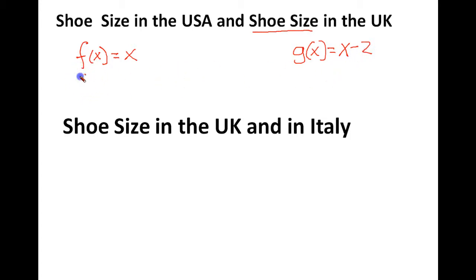So if we input here, let's see if I write that correctly, and I want to put in there a 4, that's the female shoe size in the USA, then in England, or the UK, that shoe size will be 4 minus 2, or 2.